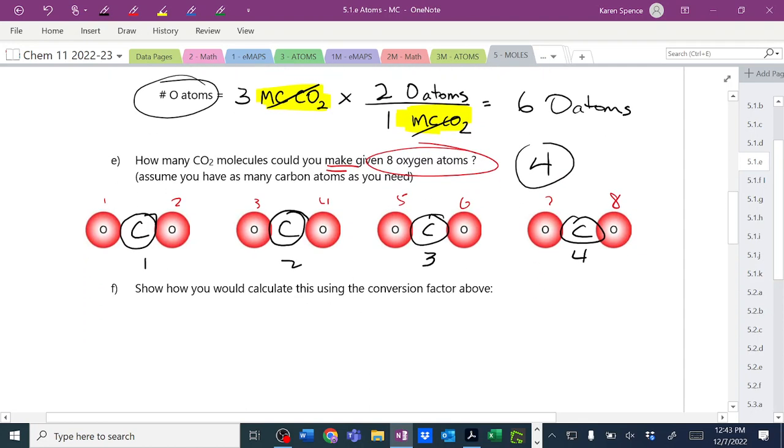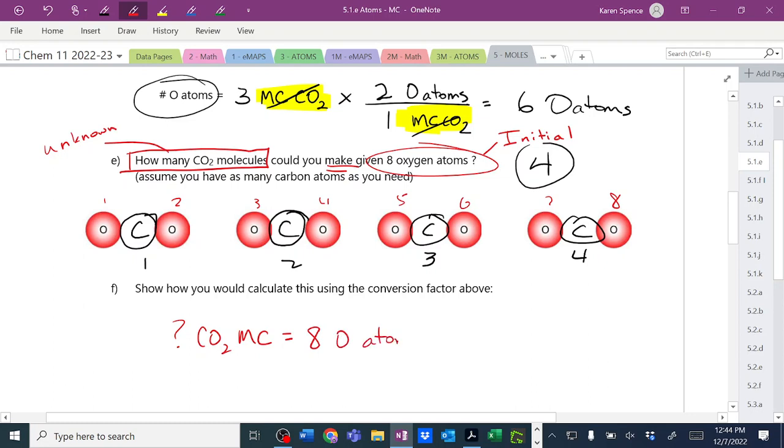So now we're going to show how we would do this using a conversion factor. Our unknown is how many CO2 molecules. Our initial quantity is 8 oxygen atoms, so that's what we're going to write down here, 8 O atoms.